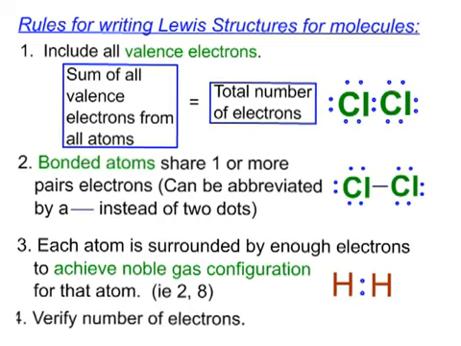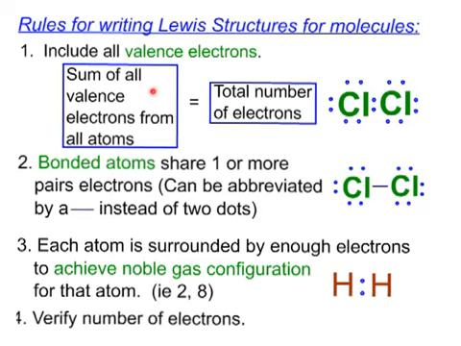So here are some simple rules for writing Lewis structures for molecules. Rule number 1 has to do with valence electrons. We will include all valence electrons in our drawing. First, find the valence electrons from each atom and add those all up.